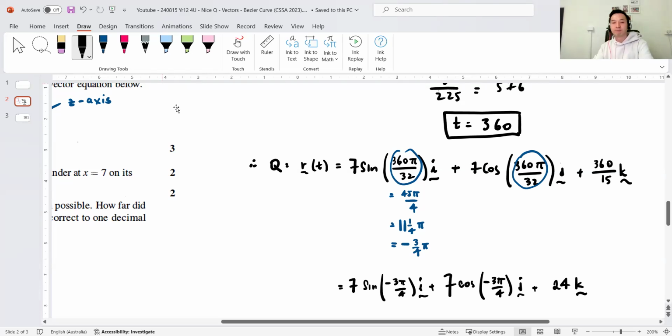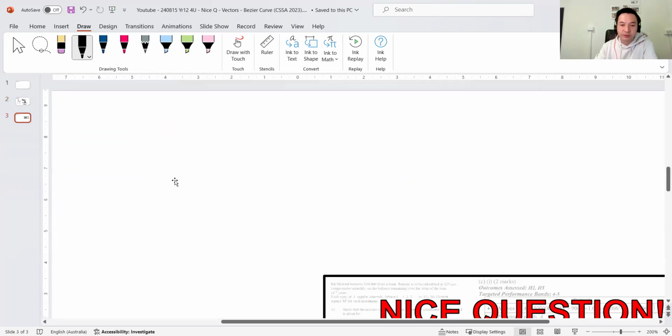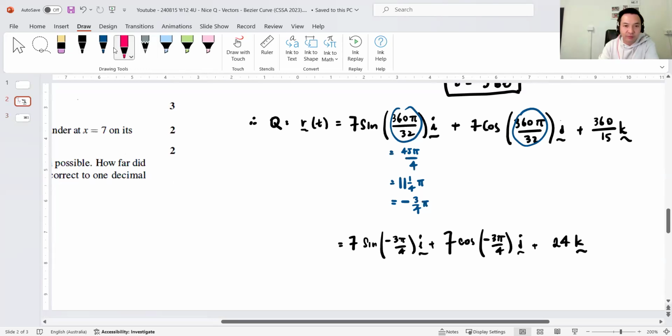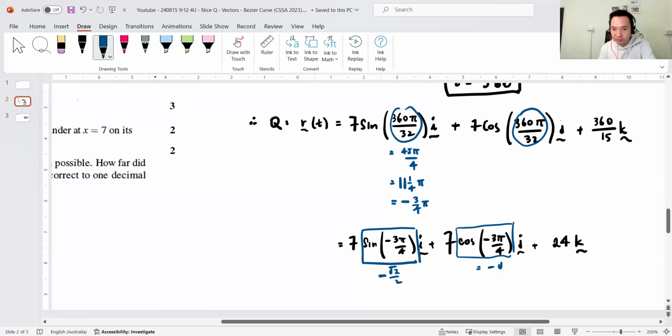Okay, perfect. And then we know, using exact values, that this guy is in the third quadrant. It's the equivalent of sine pi on 4, so that's negative root 2 on 2. This guy would also be in the third quadrant, so that'll be negative root 2 on 2 as well.